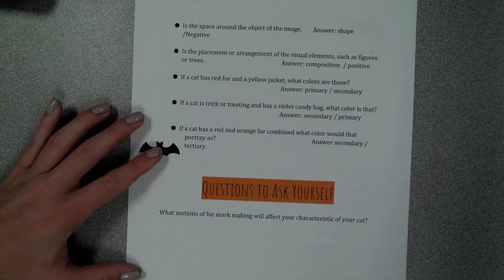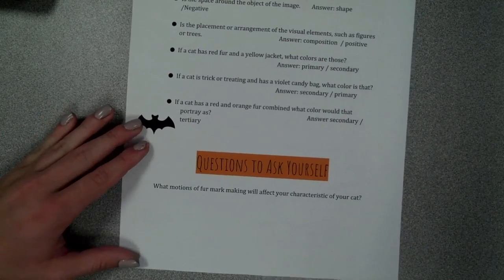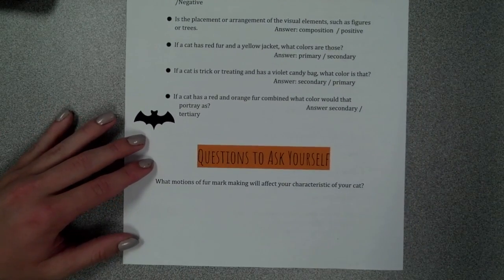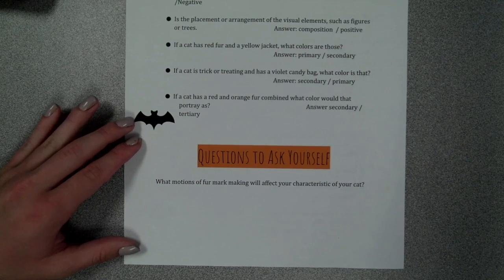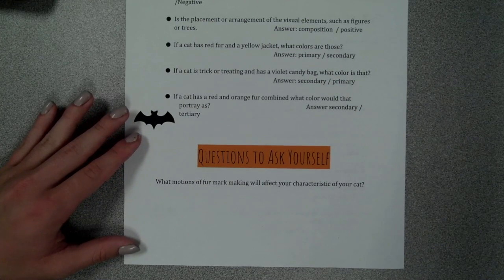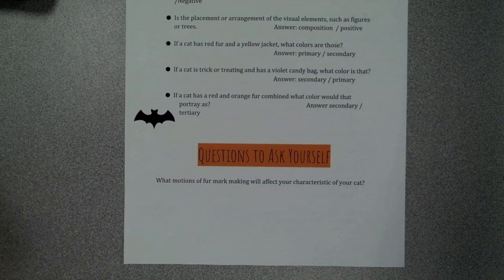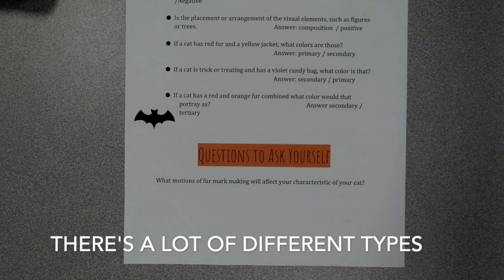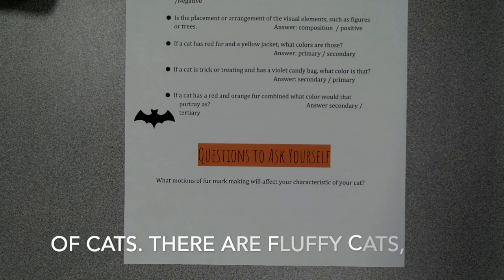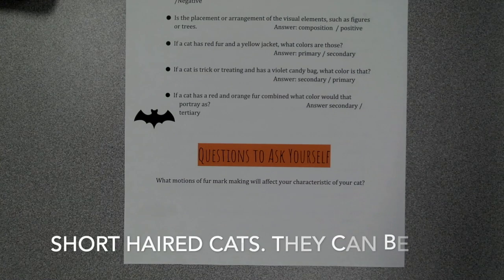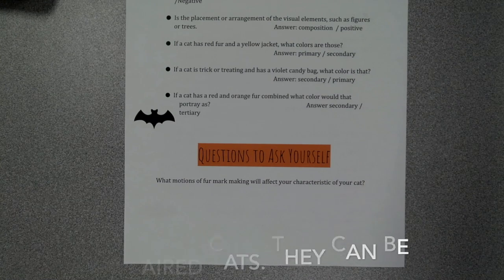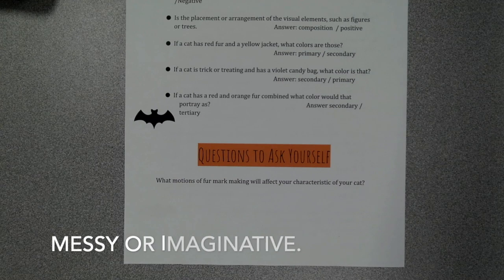All right, so the last question to ask yourself, just a little prompt while you're doing the activity, is what motions of fur mark making will affect the characteristic of your cat? There's a lot of different types of cats. There's fluffy cats, short-haired cats, messy cats.